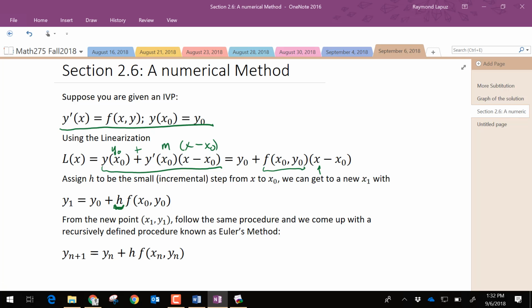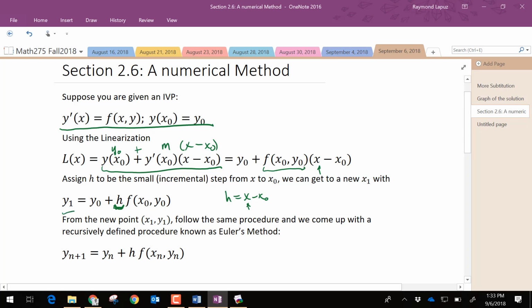And so that distance here, x minus x naught, where this is the next point that you're going to go into, that step is h. The difference between your initial value to the next little value is going to be h. And so you put that value in, x minus x naught, and that becomes h.